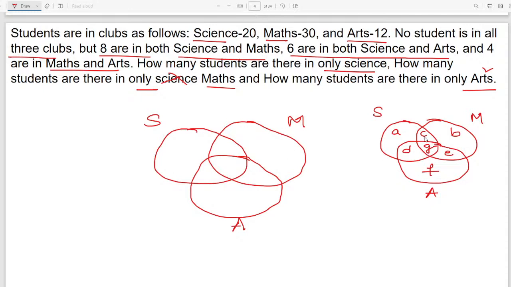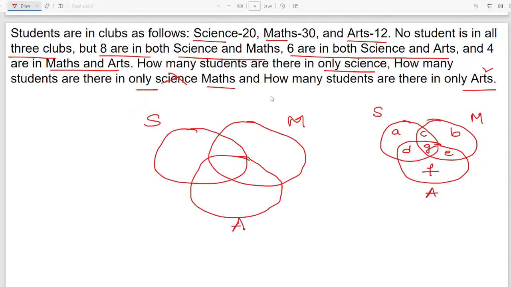C is the number of students who belong only to both science and maths, and not to all three. D is the students who belong to both science and arts. E are the students who belong to maths and arts. This is how we represent it through a Venn diagram.